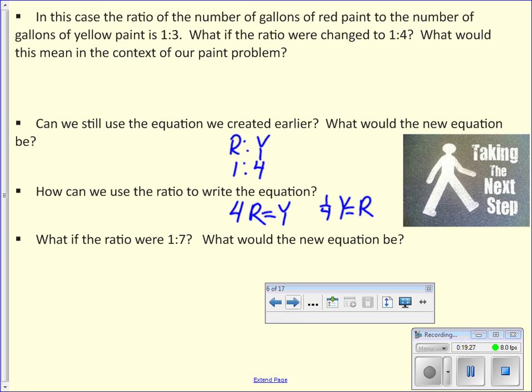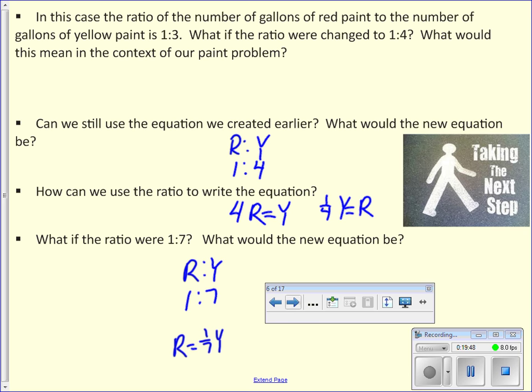Suppose the ratio of red to yellow was 1 to 7. You think you have it? What have you got? R equals 1/7 Y. Okay, so red equals 1/7 of the yellow. Well done. Who has the other card? There is another one.